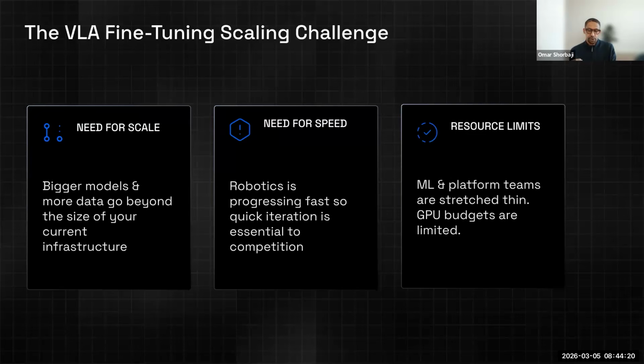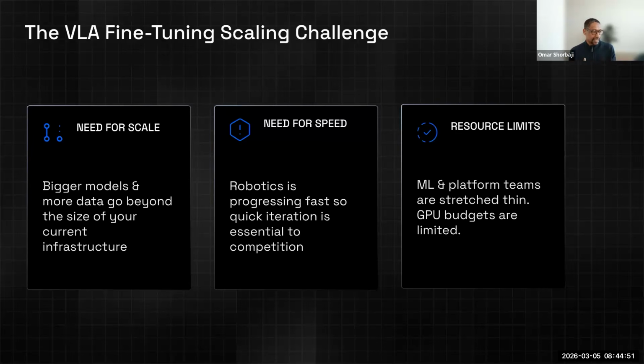You can mix both external cross-embodiment data that's available on the internet in addition to yours. And what that means is it's going to go beyond the infrastructure you currently have. So if you're a researcher, the GPUs in your workstation will not be enough. Maybe the cluster that you provided is not big enough. And for platform folks, it means you need to be able to provide your researchers a lot more capacity.